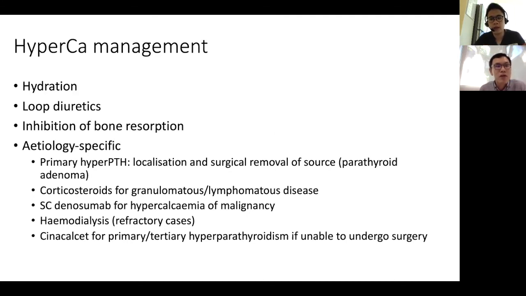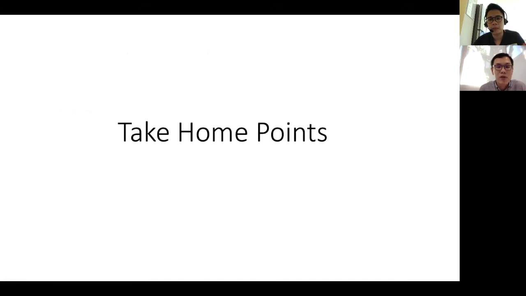I think in terms of the workup, it's really the PTH, parathyroid hormone assessment, when we want to find out the etiology of the hypercalcemia. And whether the patient needs inpatient management is really determined by the degree of hypercalcemia, usually if it's moderate to severe. And hydration is the mainstay for managing such patients.